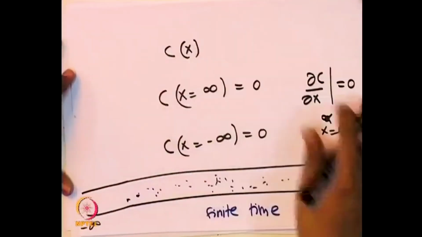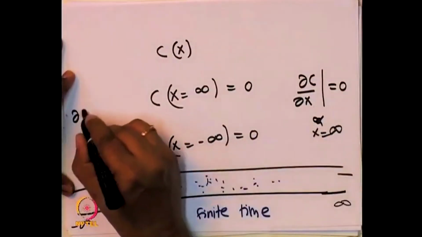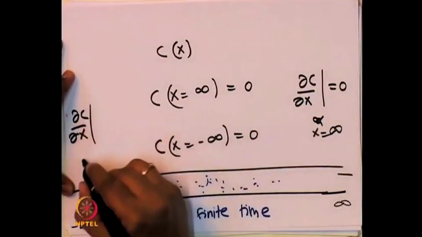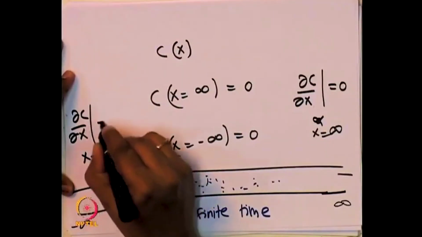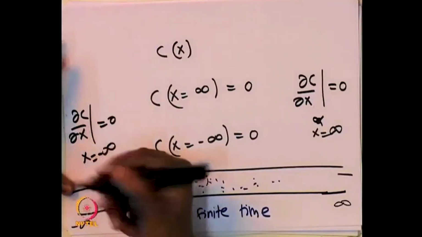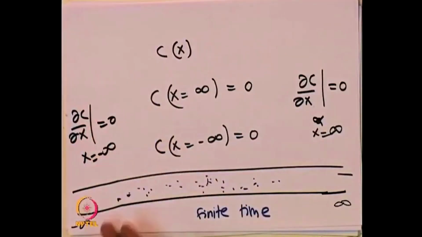Here also, del c by del x at x equal to minus infinity will be 0, because there are no molecules. The change in concentration will anyway be 0. By knowing this much, we can get some interesting results. So let us go ahead and do this.